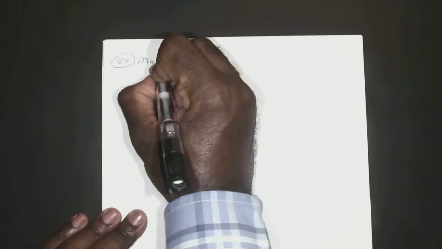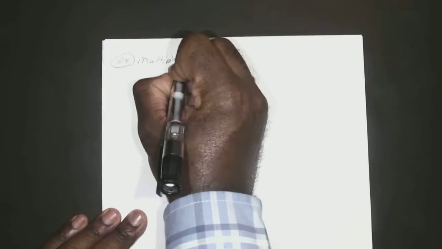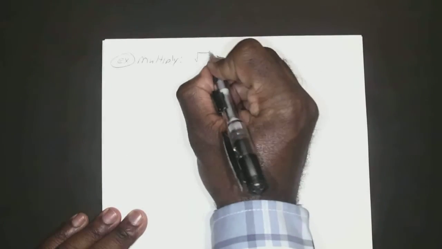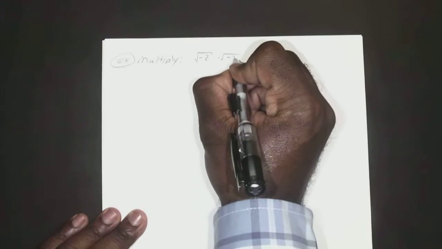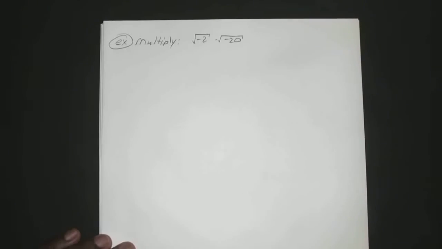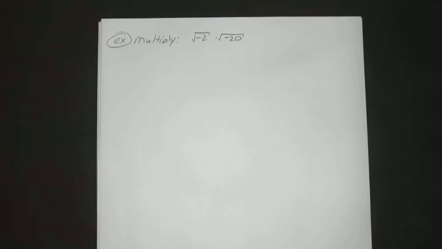So let's say if we wanted to multiply square root of negative 2 times square root of negative 20. Zoom in a little bit.